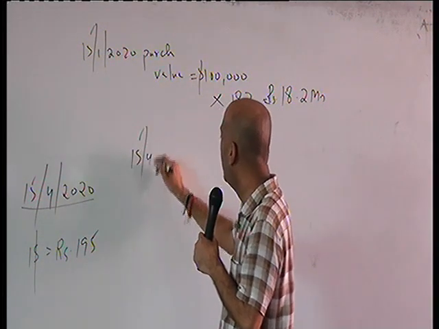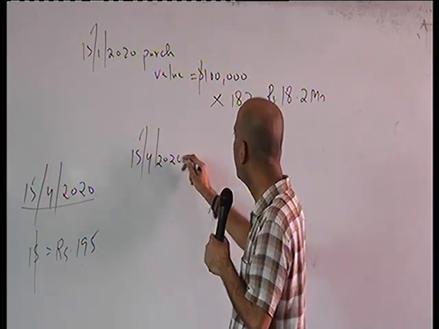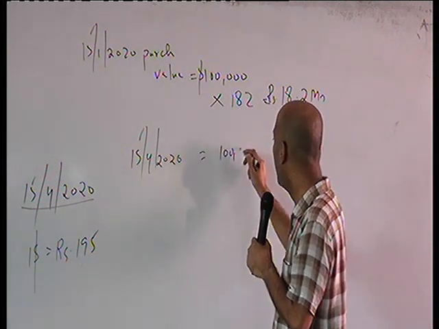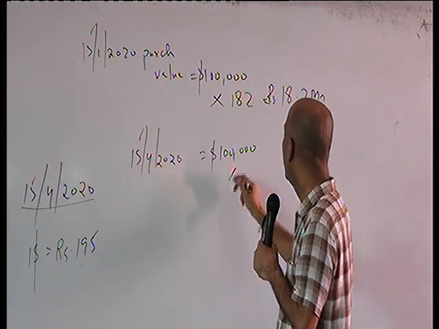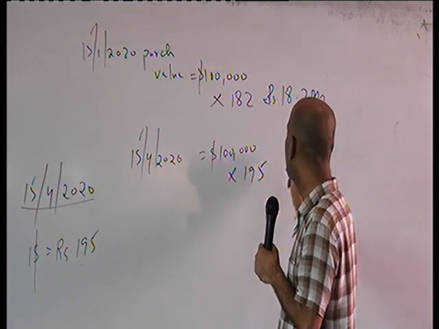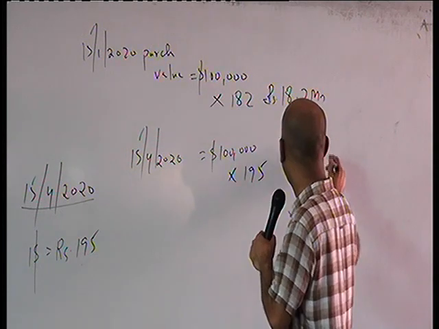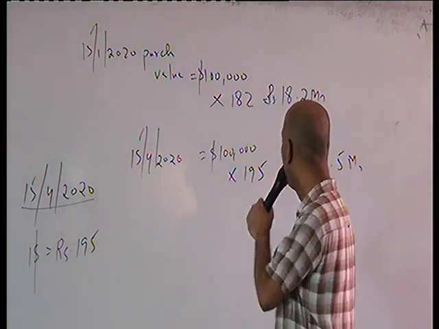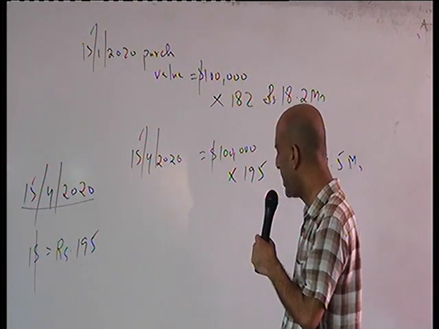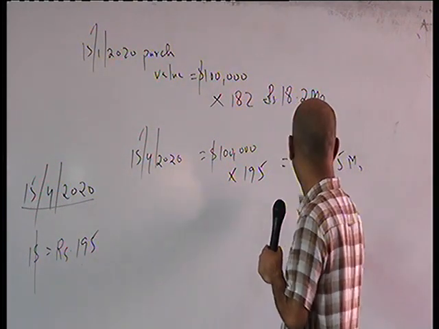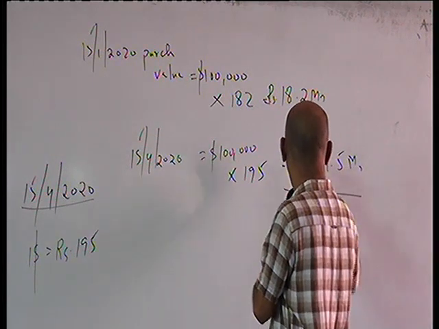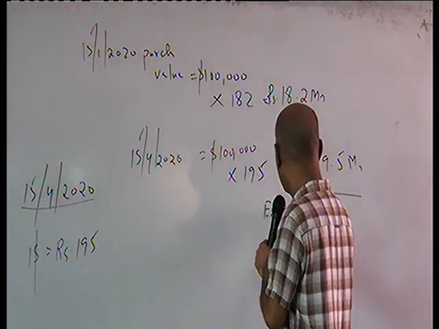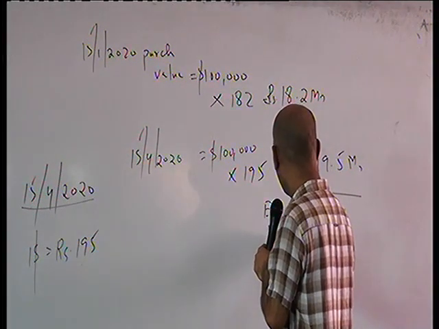15th of April, same goods, I have to pay my supplier $100,000 into 195. Rupees 19.5 million. So I have to incur 1.3 million extra loss.